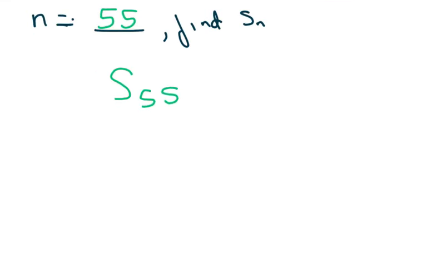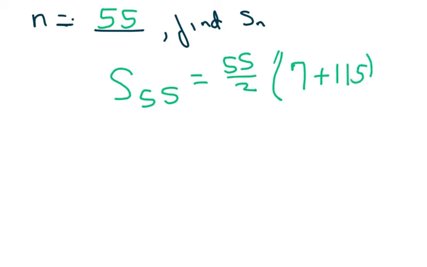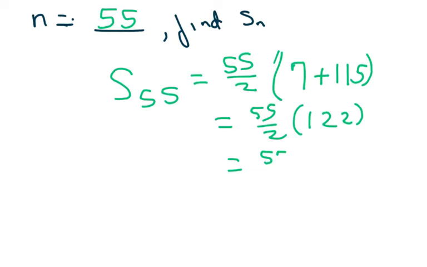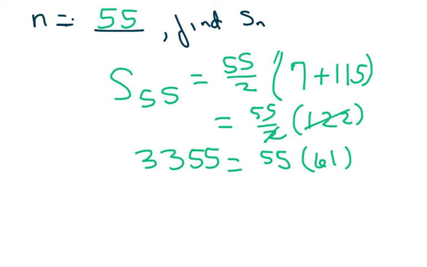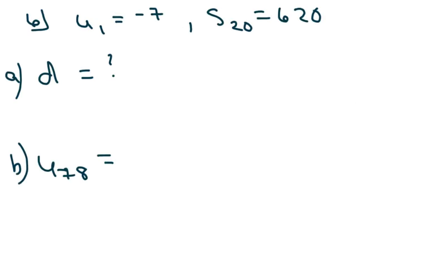So S of 55 equals 55 over 2 times 7 plus 115, and that equals 55 over 2 times 122, which is 55 times 61. You can just use a calculator and get 3,355. As you can see, these are the same thing over and over again.